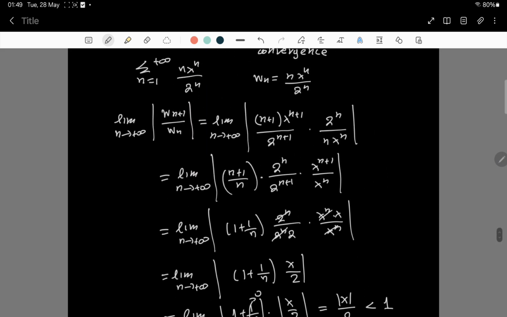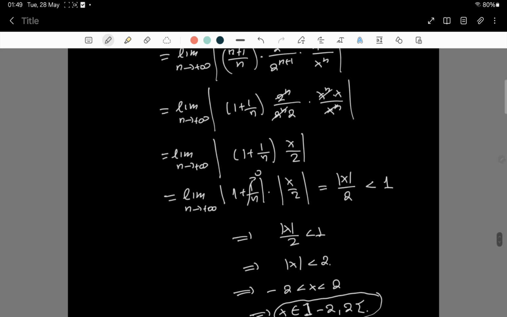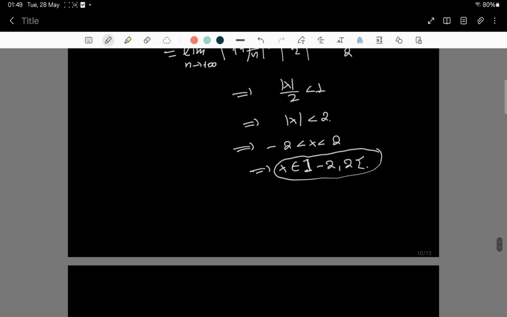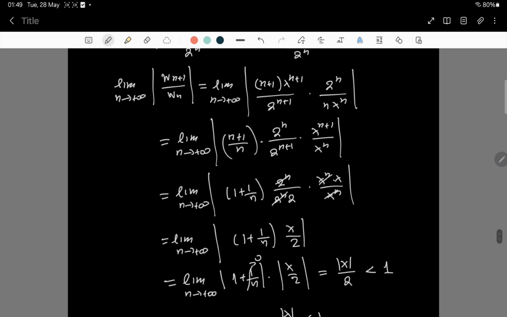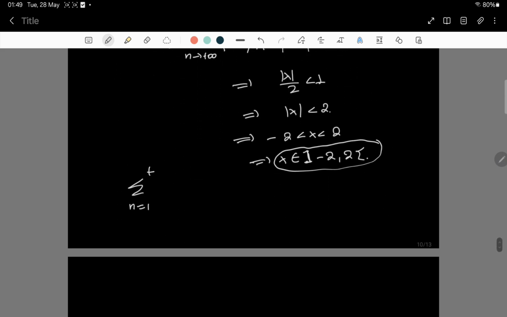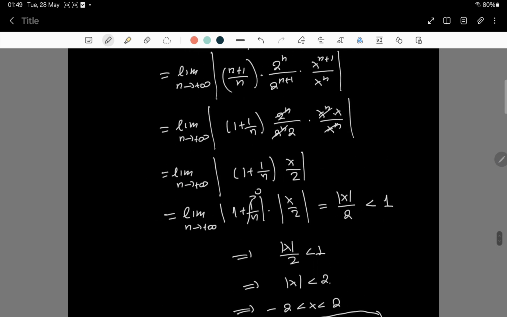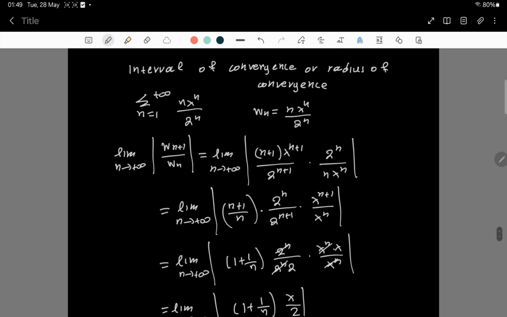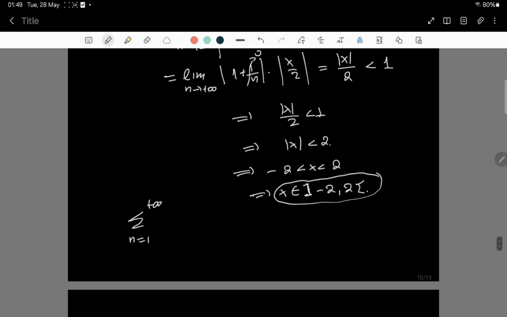Now we ask, why not include minus 2 and 2? It is very simple. Let's go back to the infinite series and plug in x equals 2.